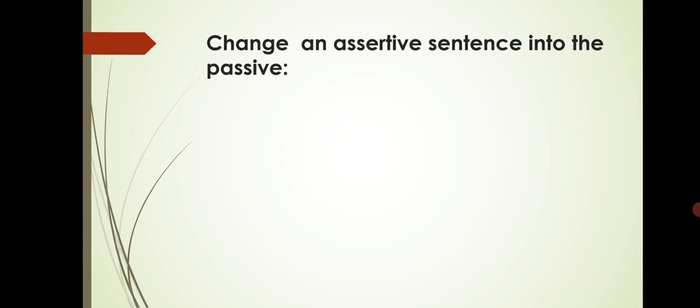Now we will see some kinds of sentences using active and passive voice. First we will see changing an assertive sentence into the passive voice. Active sentence: I write a letter. We'll change this assertive sentence into the passive sentence by keeping in mind all the rules which we have learned in the earlier slide.